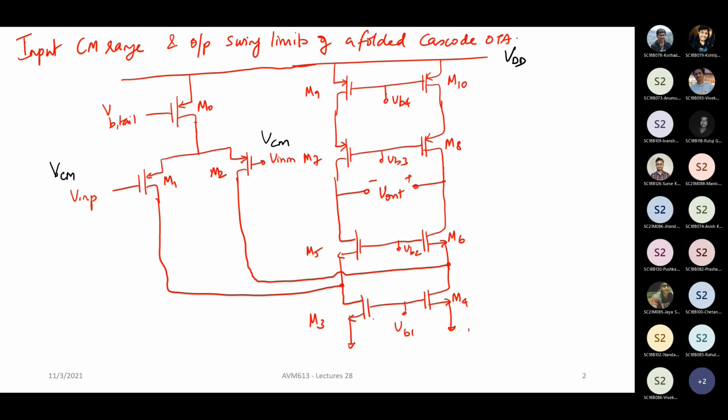Now, here, can you tell me what will be the maximum voltage to which it can go? VDD minus VDSAT of 0. Correct. So this minus VG minus VS, the VSG of M1. Basically, you need to support, so this is VDD and this is your VCM in max, the VSD sat of 0, and then you have to have the VSG of 1, 2.